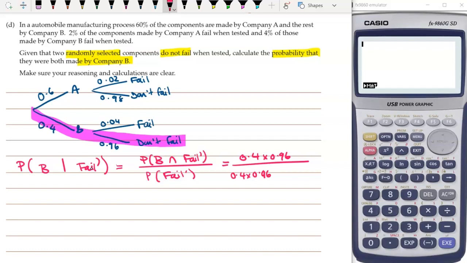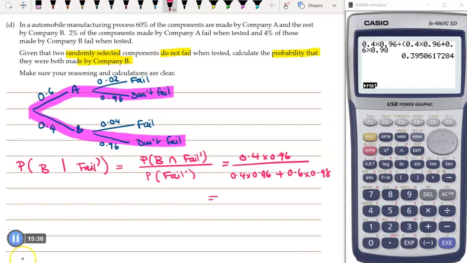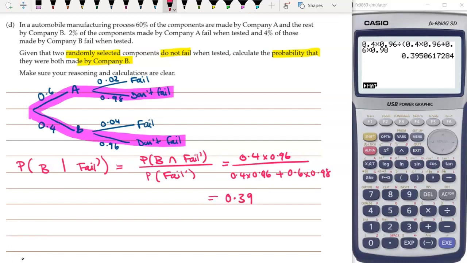That's one way of getting it, but we can also do company A and not failing, which would also give us one that didn't fail. So that's 0.6 times 0.98. Comes to 0.3951.